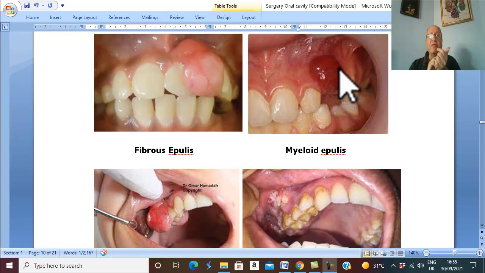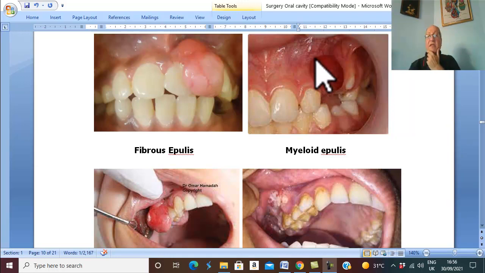What is the clinical picture of this myeloid epulis? Painless, but rapidly growing, highly vascular. Therefore, it is characterized by its reddish blue color. It is a sessile mass with a wide base, not a pedicle, which is a narrow base.